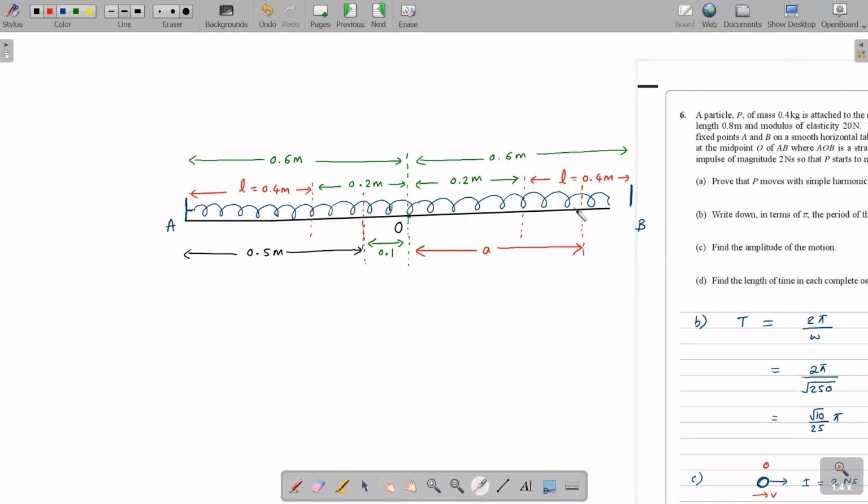So let's take the object from over here. I'm going to find the time taken first for this duration. How much time is taken coming from the amplitude towards the center in one direction?